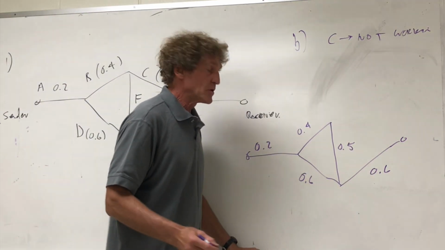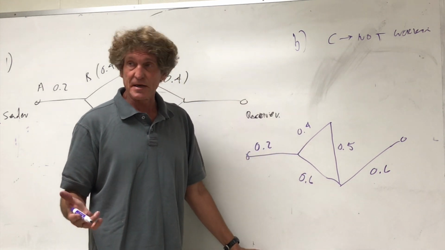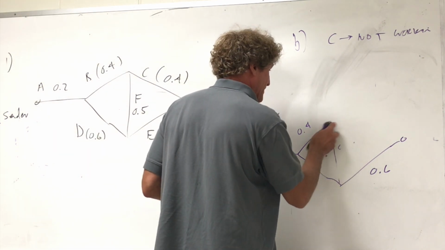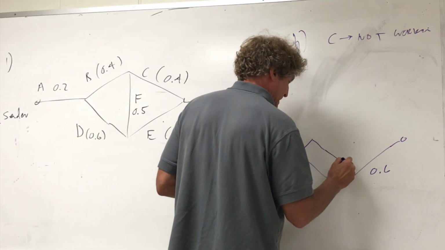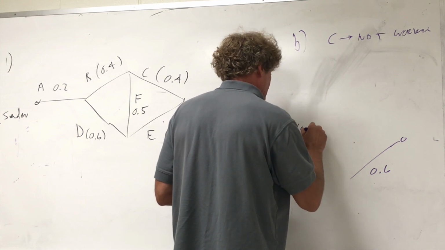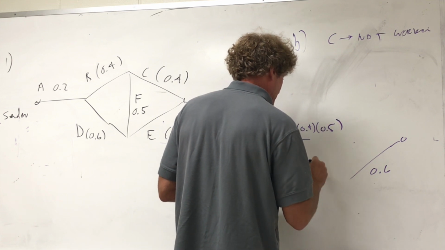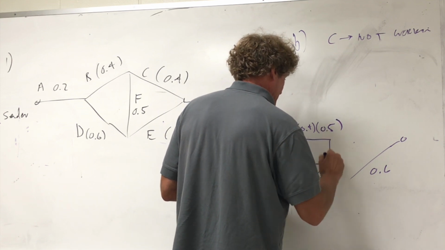The first thing I'm going to do is multiply these two together because they're in series and replace it with a single link. So this is 0.4 times 0.5, and so that's what? It's going to be like this. I'm trying to show these in parallel. 0.4 times 0.5, so it's 0.2, and it's in parallel with 0.6 as such.